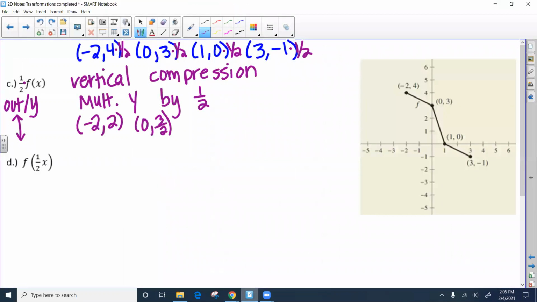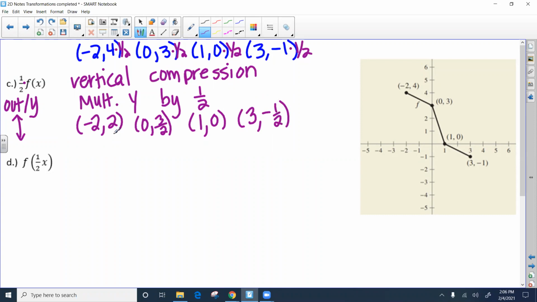Both are the same. The next point is 1, 0, because 0 times a half is still 0. And the last point is 3, -1/2, because -1 times a half is just -1/2.